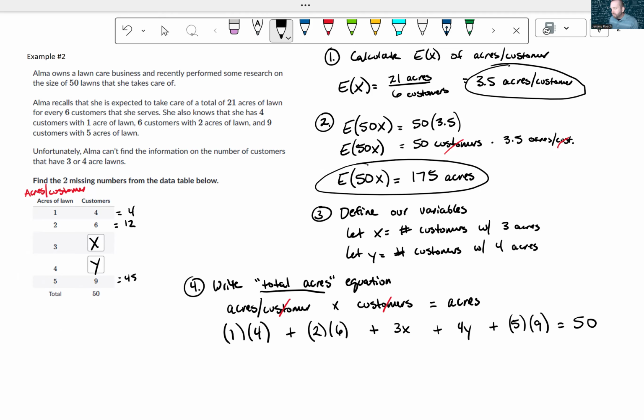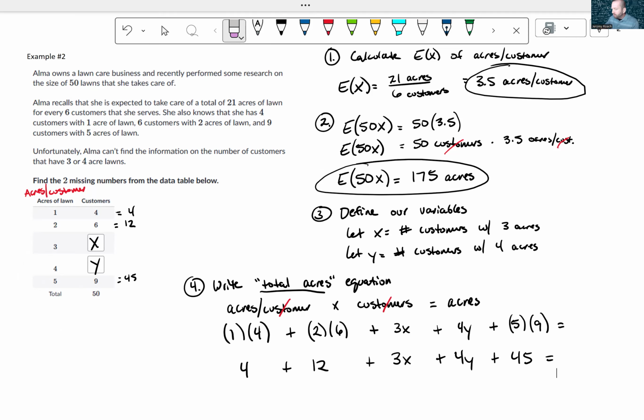That's fine for now. Okay, now we're just going to simplify this. This is 4 plus 12 plus 3x plus 4y plus 45 equals, excuse me, not 50. That was my mistake. Our total acres is 175.